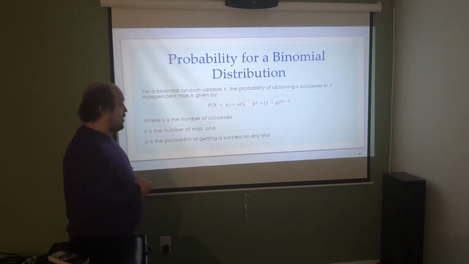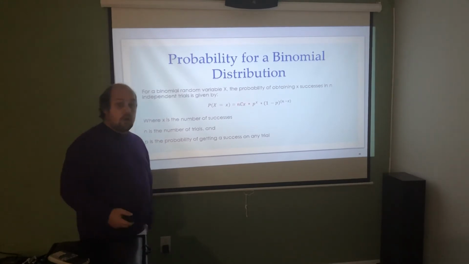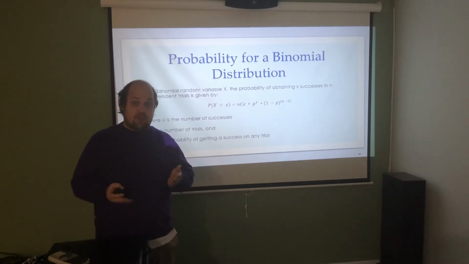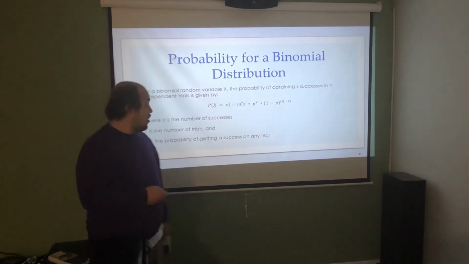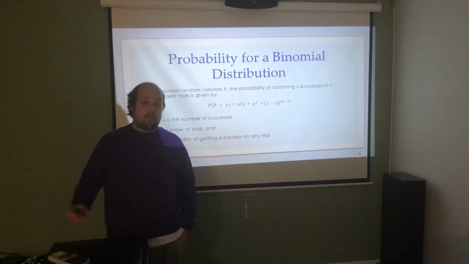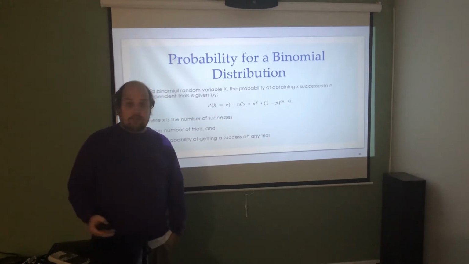So what this formula really represents, this is all the different ways that I could organize that number of trials to have that number of successes. So if I want 1 success in 2 trials, I could go success, failure, or failure, success. What this nCr does is it really calculates how many different ways you could write out that number of successes in that number of trials.